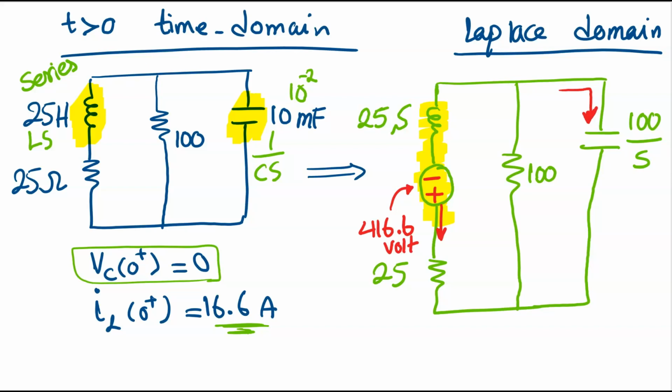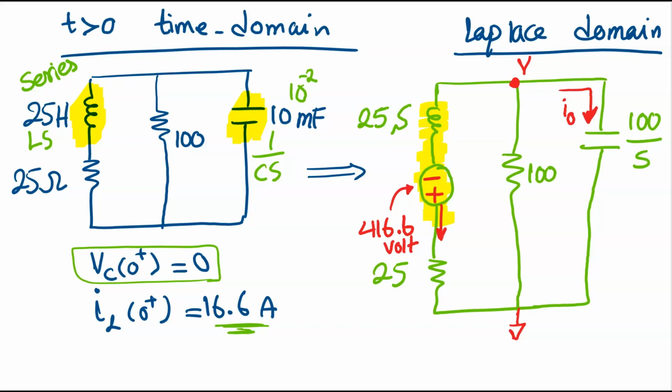I'm going to solve the circuit using nodal analysis. So I'm going to choose this node as my reference, and I'm going to call this voltage V. I'm going to solve for V, and then when I have V, I can use Ohm's law for impedances and find the current IO, which is the current of the capacitor.